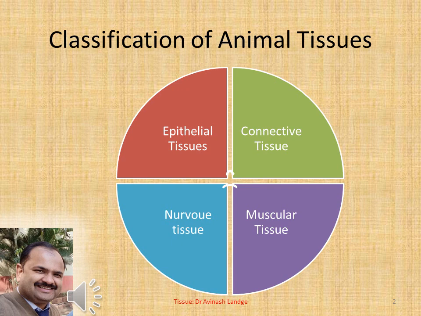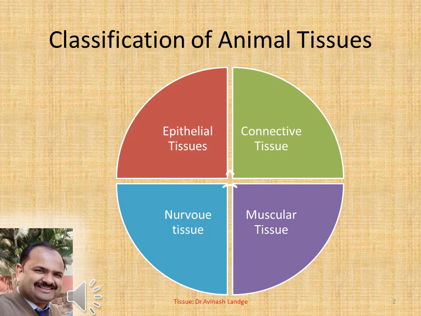Skeletal tissues are classified as cartilage and bones, and vascular tissues are blood and lymph. All these tissues are connecting different body parts, either different tissues or organs. So they are considered as connective tissues.